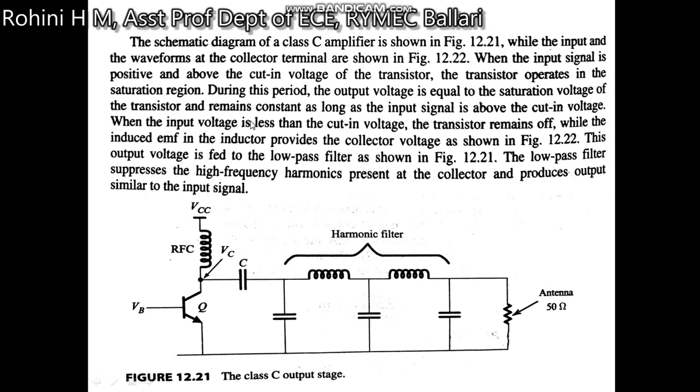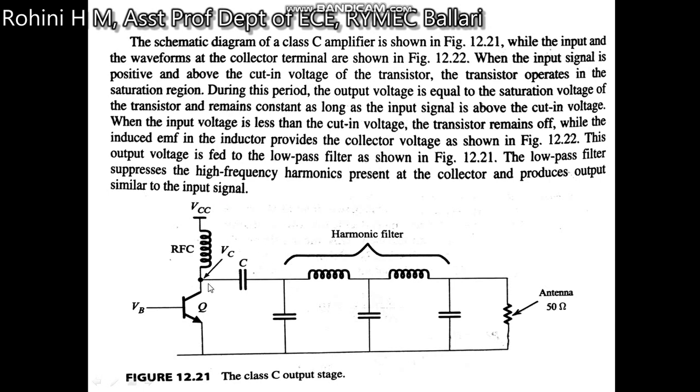When the input signal is less than the cut-in voltage, the transistor remains off, while the induced EMF in the inductor provides the collector voltage as shown in the waveform. The output voltage is fed to the low pass filter, which suppresses the high frequency harmonics at the collector and produces the output corresponding to the input signal.